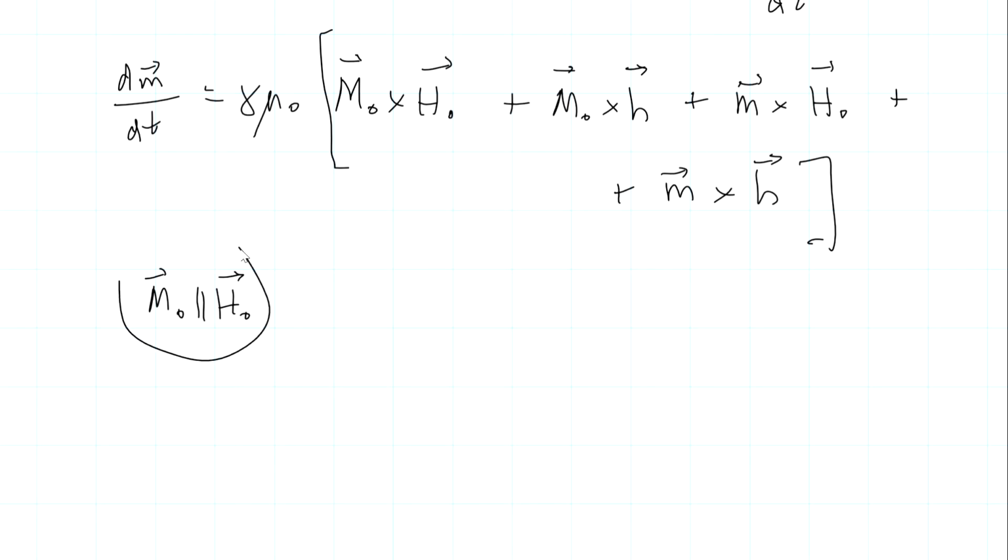So what would this mean for this term? You can pause the video, but if they're parallel, the answer is that this term would be equal to 0, right? They're parallel. Now we also say that m and h are small.